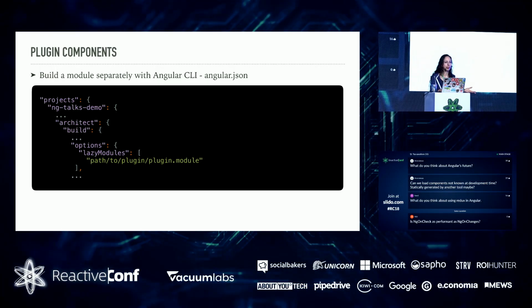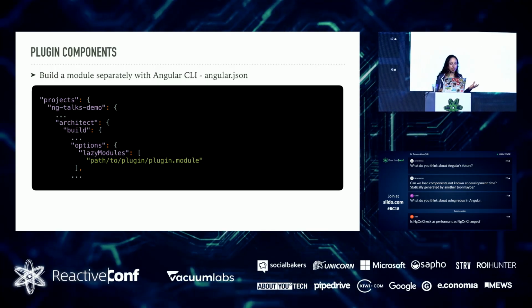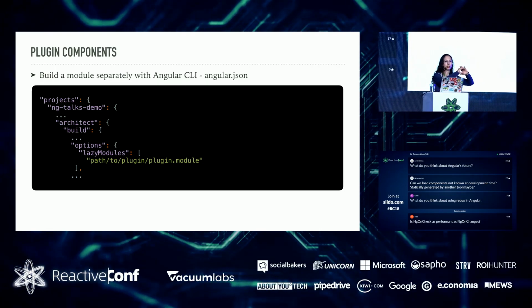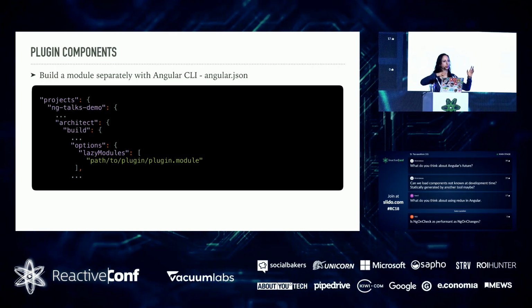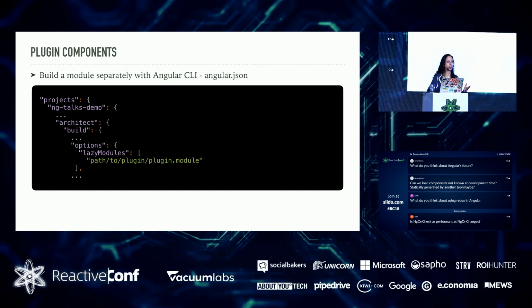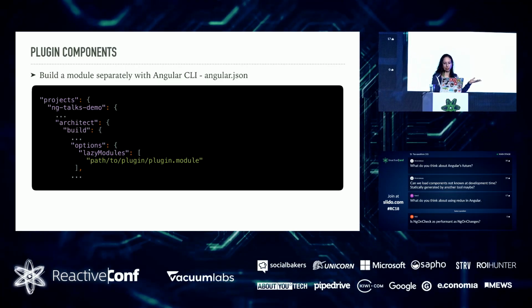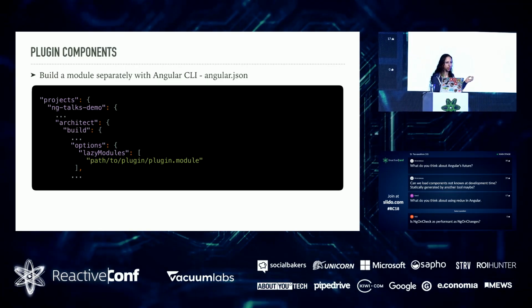Now, when you're building this with the Angular CLI, you have this option, lazy modules. And this will create different bundles and will not load them with the main bundle when you're building your project. So this is the way that you do this.